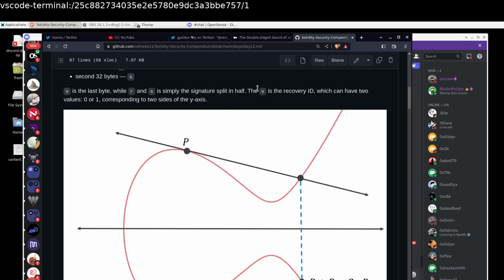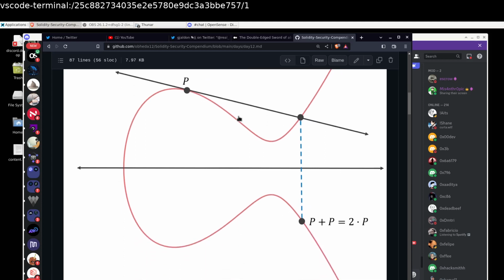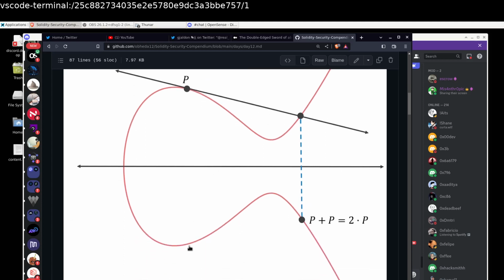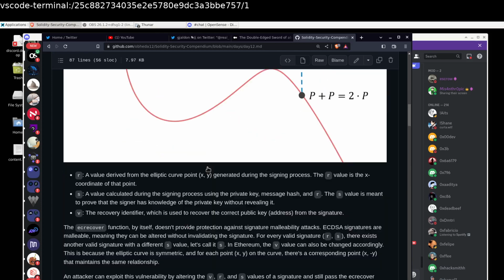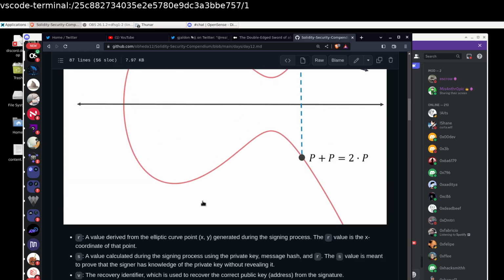V is the recovery ID, which can have two values, 0 or 1, corresponding to two sides of the axis. So here we're looking at the two sides. Okay. R: what is R? A value derived from the elliptic curve point, y and x. Let's search it here.